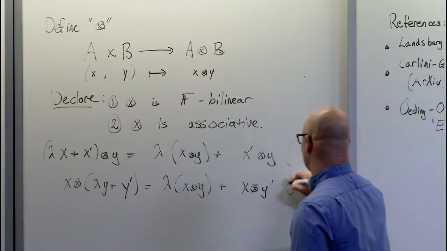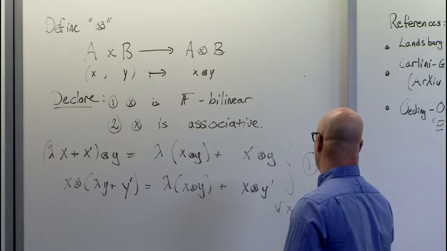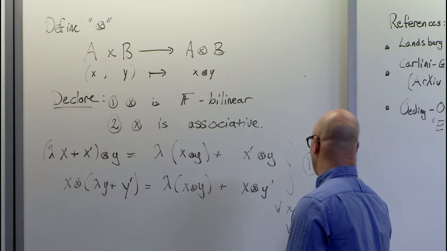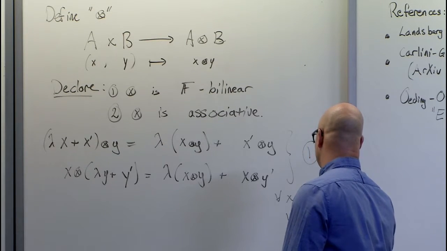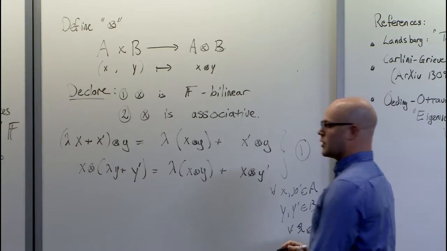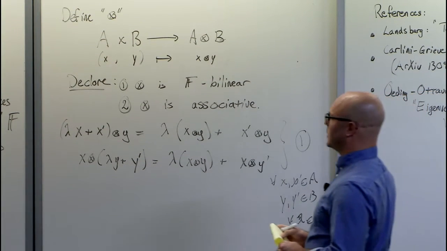Okay, so this is 1. And this is for all x and x prime in A, for all y and y prime in B, and for all lambda in the field. So for us, the field will usually be the real or complex numbers, but if you like to study a different field, that's fine.